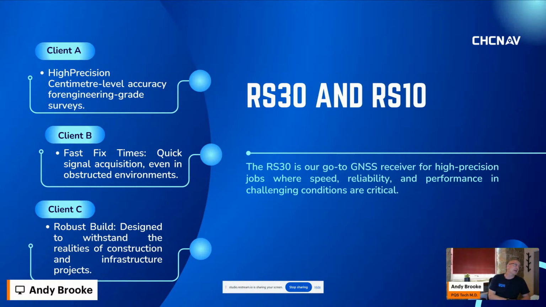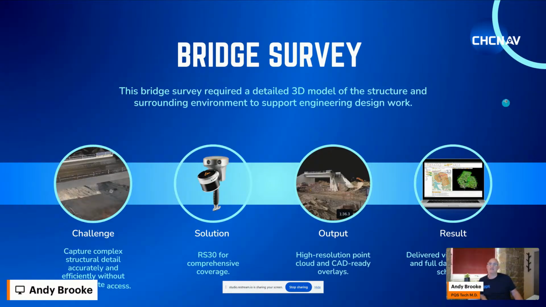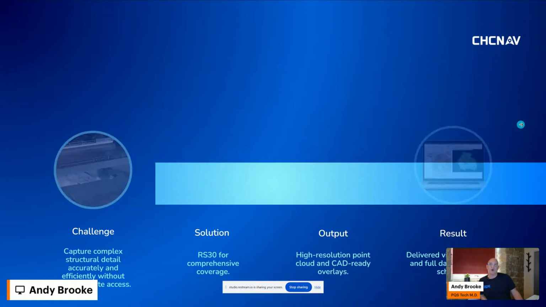The accuracy you can get out of the SLAM devices, linked in with the quality of the IMU and the GNSS boards of the CHC Nav kit is market leading, really.